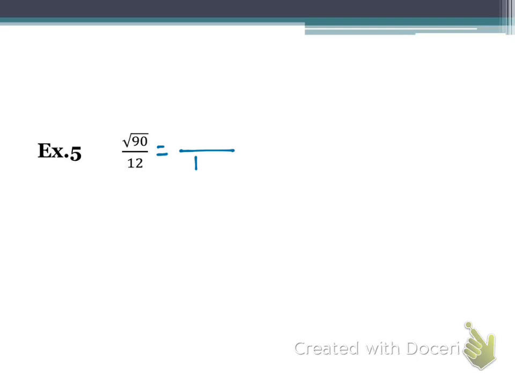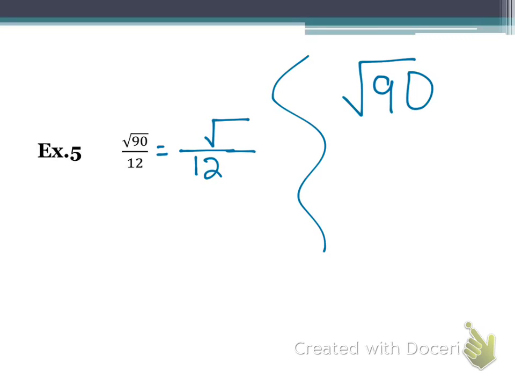So I'll still set up a fraction with 12 in the denominator and a square root symbol, leaving a blank space in the front and a blank space under my radical that I'll fill in after I simplify the square root of 90. See what you can do on your own, and we'll go over it together in just a minute.